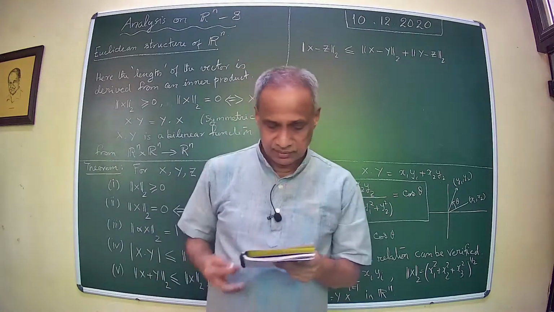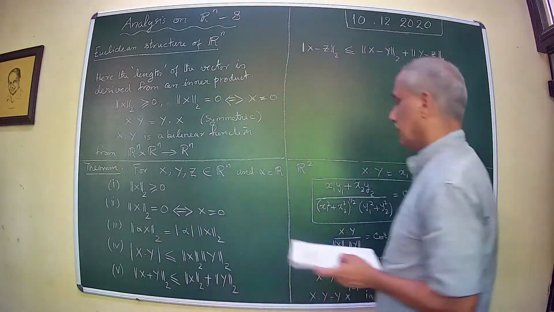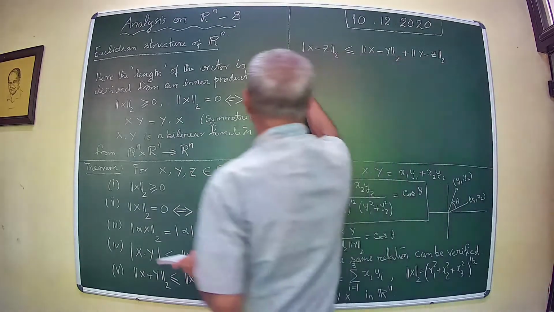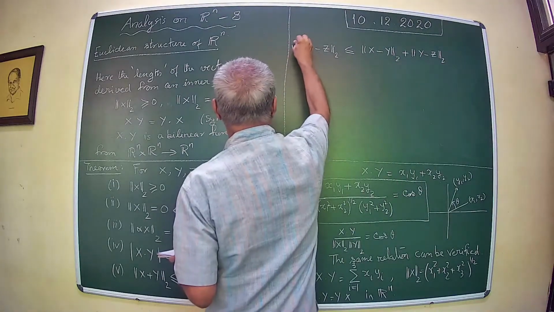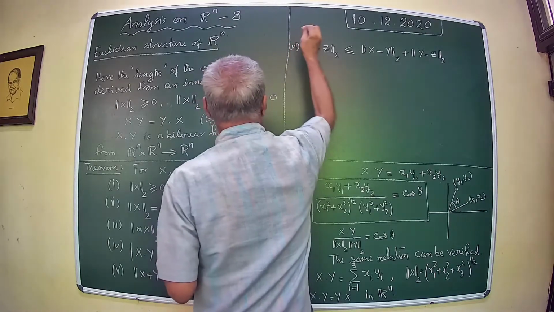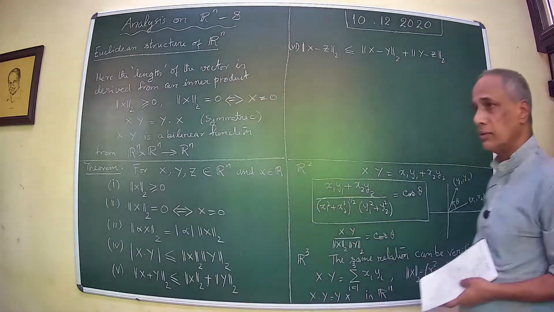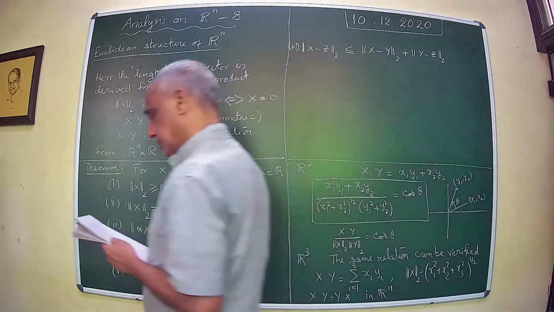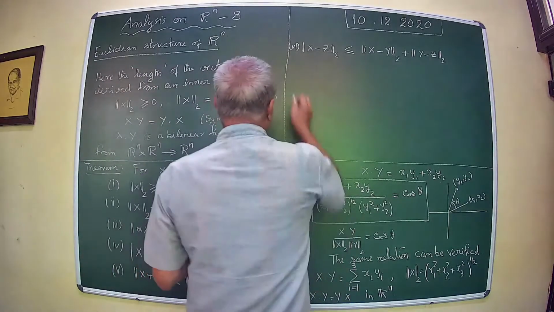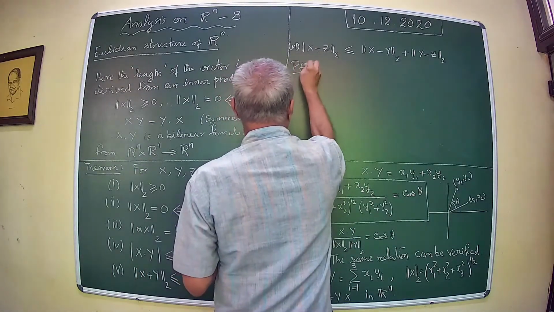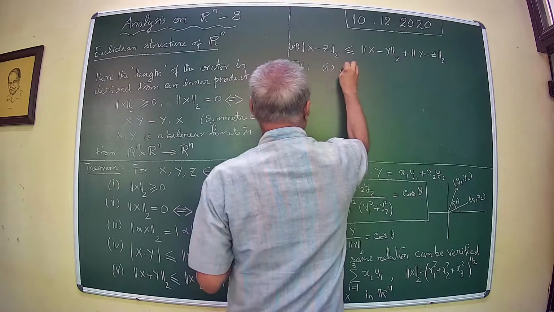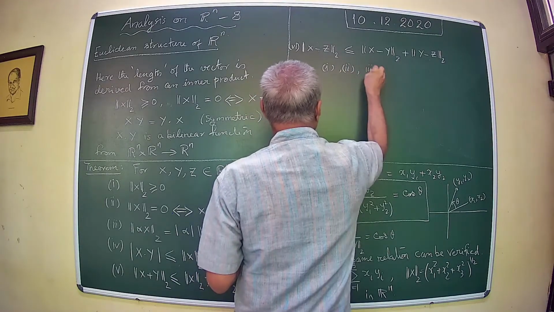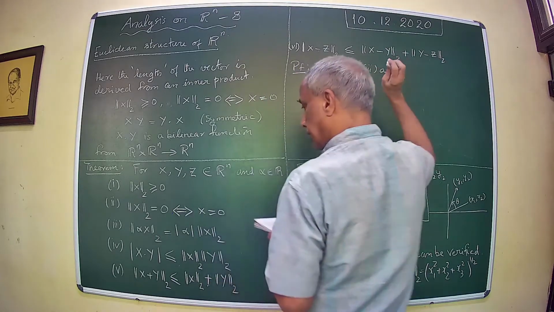Now we look at this. Now some of these are very trivial to verify. Just go to the definition and verify it. So 1, 2, 3 are trivial.